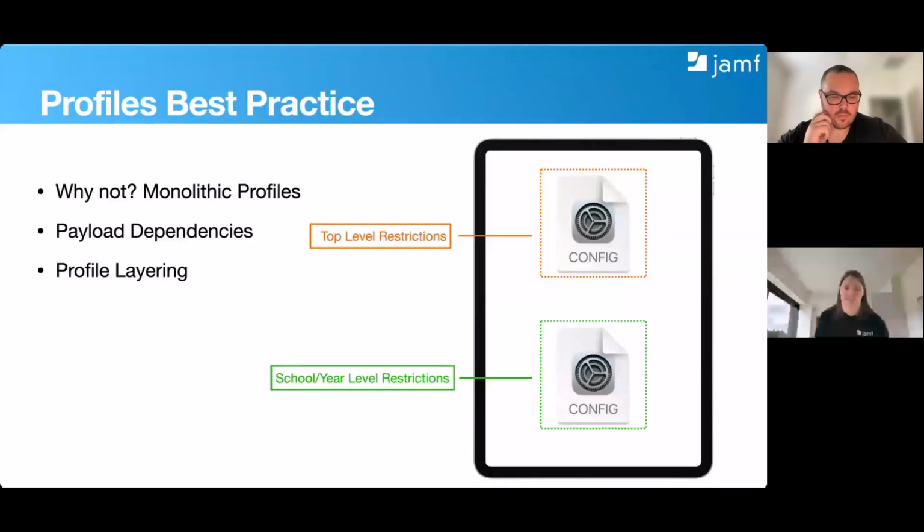So in this case, iMessage would be blocked. Profile layering can be done at a top level and a school level, but it can also be done within your school level just by creating multiple profiles with the same payloads applied. Just keep in mind that if you do have a conflicting setting and it's not applying, you may already have it set in another restrictions payload, and that is taking preference because it's a higher security level restriction.